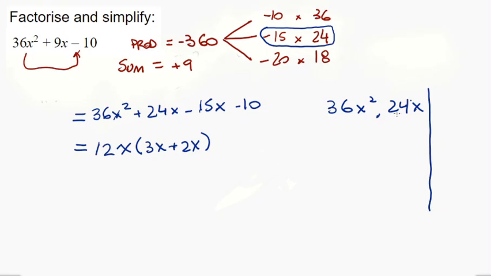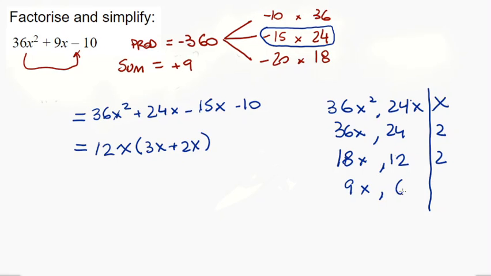What can you divide both of those numbers by? First of all, you could get rid of the x. So that's 36 and 24. Now you can divide by 2. So that's 18 and 12. Now I can divide both by 2 again because they're both even. So 9 and 6. And then by 3, and then you have 3 and 2. And that's it. You're finished.